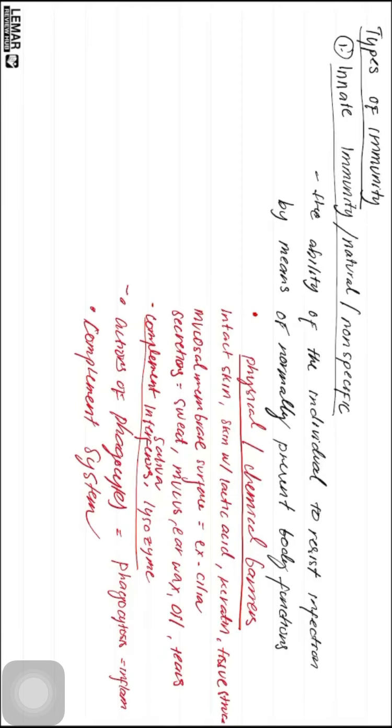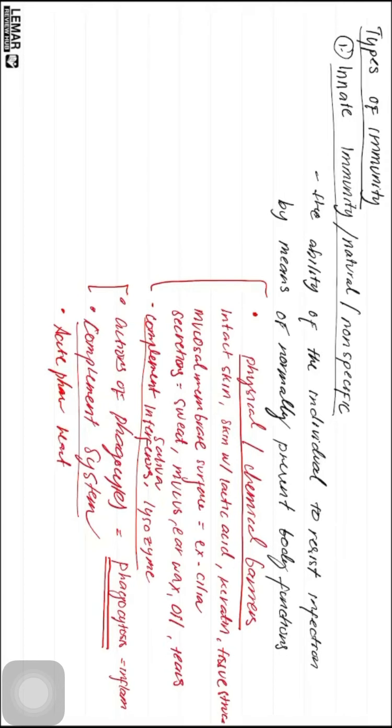And then yung kanina sabi nga natin, we have the actions of phagocytes, which is needed in the phagocytosis, which will later on trigger also inflammations. And we have complement system, and then acute phase reactants.